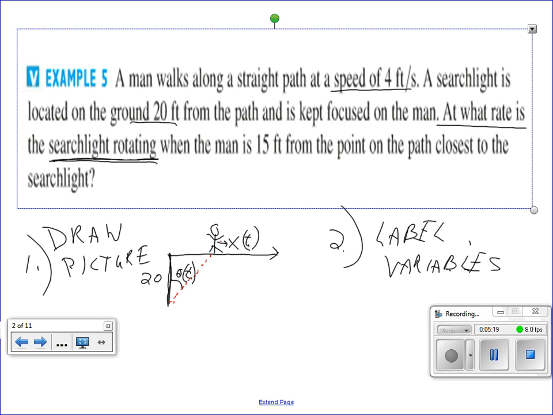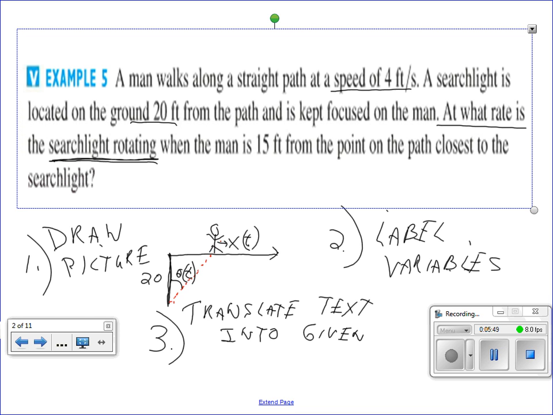So I drew a picture and labeled my variables. Now the third thing I want to do is write down what I know, translating the text into given information.